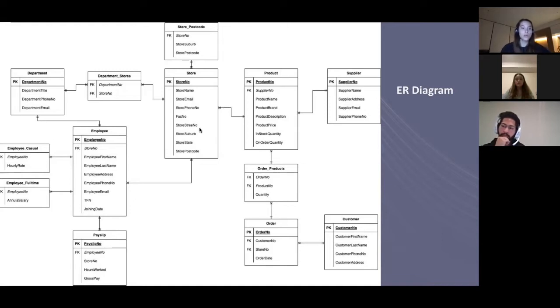On this ERD, you can also see all the relationships between these entities. They are all already in one-to-many form, so there are no many-to-many relationships on this ERD. Let's keep on going with the normalization.